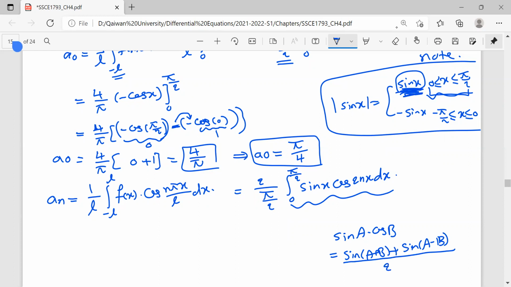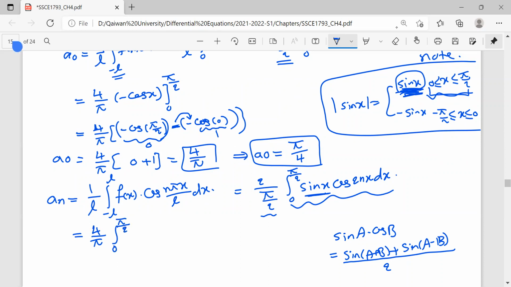Now we have sine 1x cosine 2nx dx. This equals, here it becomes 4 over pi, integration from 0 to pi over 2.